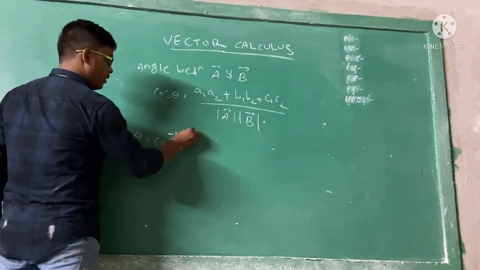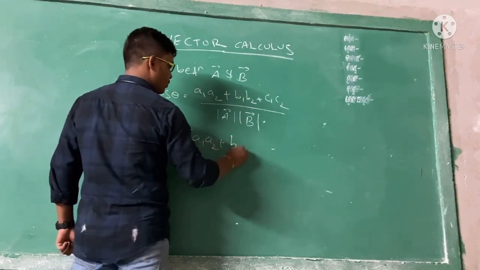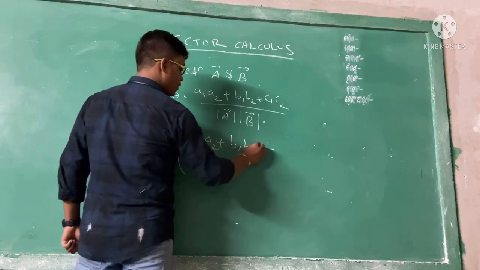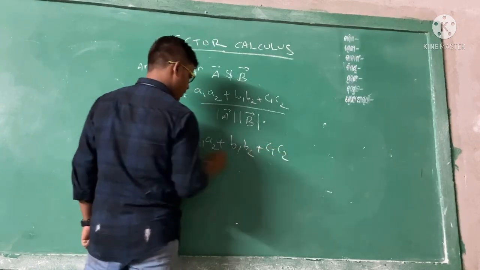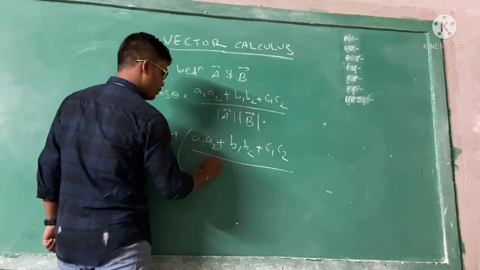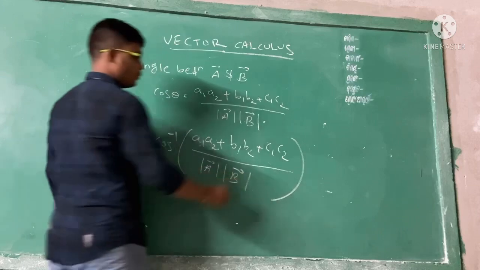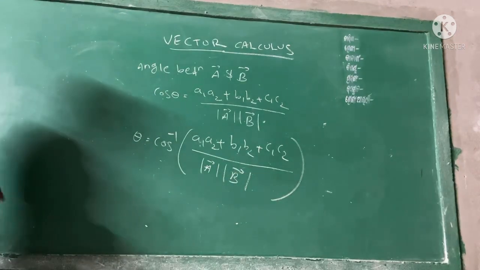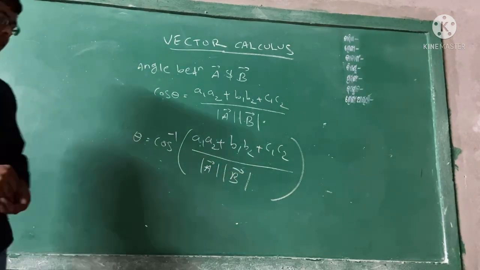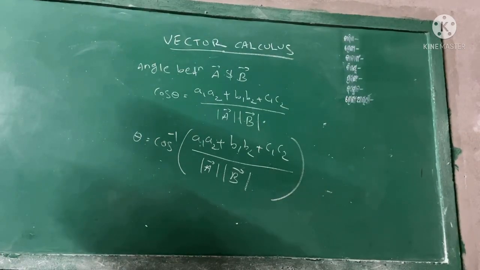You can calculate a magnitude and b magnitude using the formulas: square root of a1 square plus a2 square plus a3 square, and square root of b1 square plus b2 square plus b3 square. So theta is the cosine inverse. You know inverse trigonometry from 10th class. Theta is cosine inverse of the numerator a1 b1 plus a2 b2 plus a3 b3 divided by a magnitude into b magnitude.